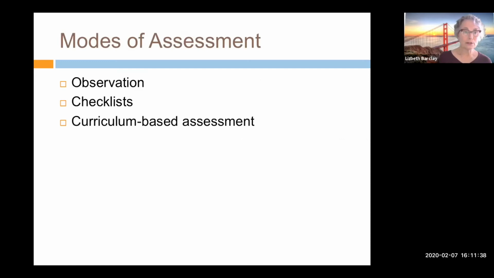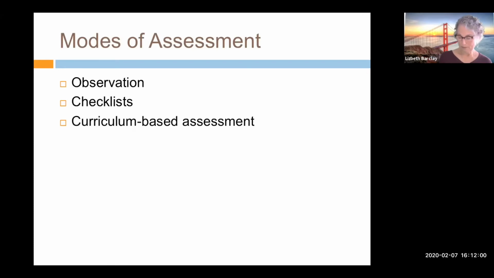And again, we have our same modes of assessment. We want to be observing in the classroom and watching our students as they engage in every type of activity. We really can be using a variety of things: note-taking, checklists, curriculum-based assessment.